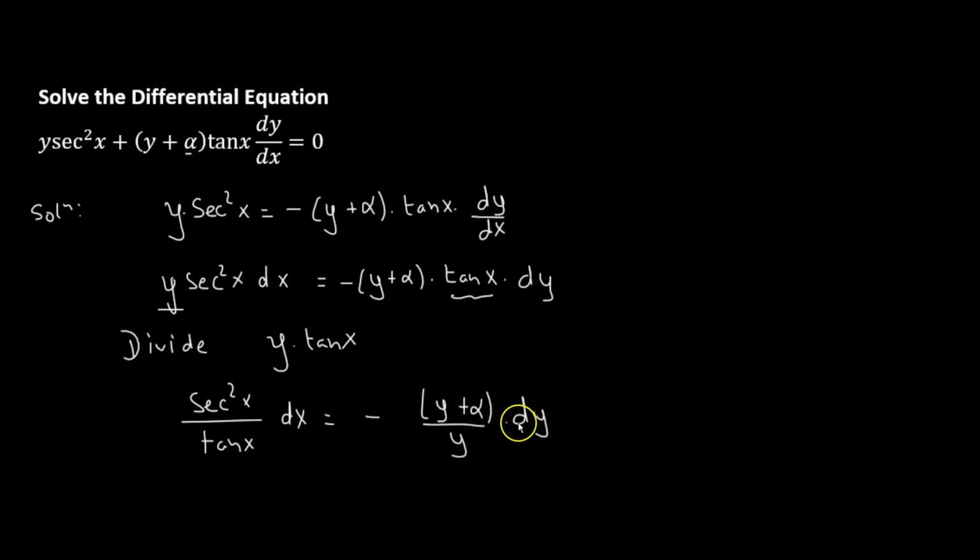That's because the coefficient of dy, which is negative y plus alpha divided by y, is purely a function of y, and the coefficient of dx, which is secant squared x over tangent of x, is purely a function of x. So let's integrate both sides. Now this can be integrated by using the method of substitution, which will give us log of tangent of x equals, and here we have negative, so let me write down the result straight away.